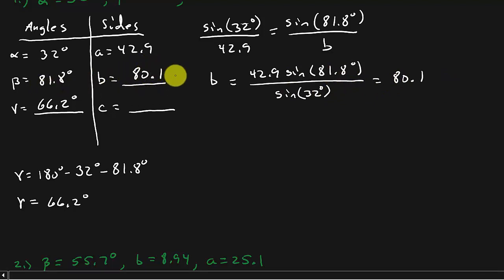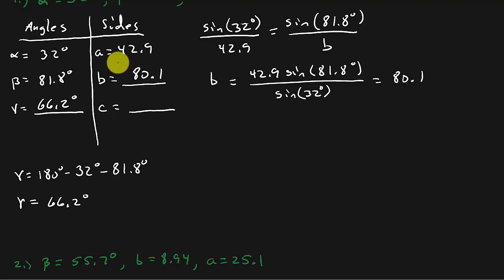So that means if I use this to get C, then C is going to be wrong also. So why use alpha and A? Because alpha and A, I know those are right. That was given. So whenever you're solving these triangles, try to use given information. Try not to use information that you calculated.